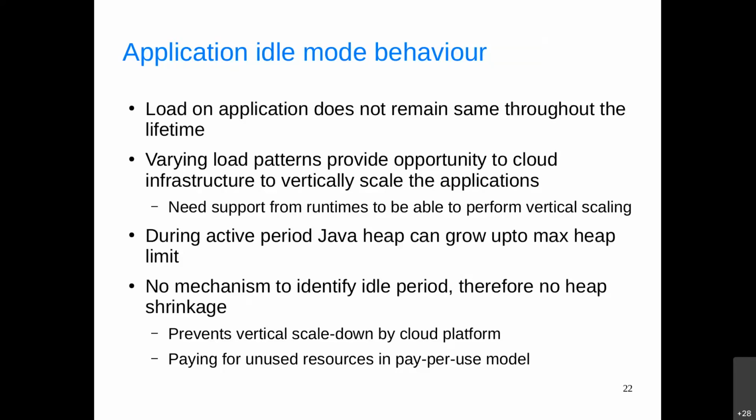And this has been a problem with the JVMs. They can grow their heap when the load increases up to the maximum heap limit, but they don't have the ability to detect when the application load has come down. As a result, they don't know when to release their resources back to the operating system, and this prevents the vertical scale down by a cloud platform.